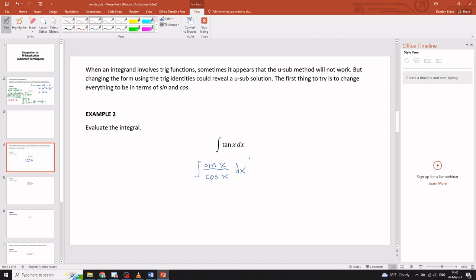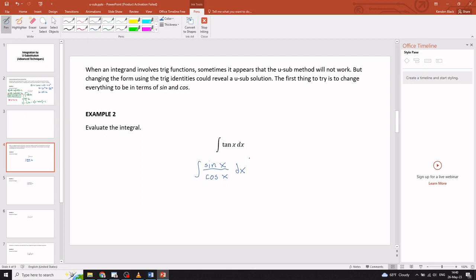Now, if we make our u sine x, the derivative is cosine x, and du would be cosine x dx, which seems to line up, except that it doesn't. Because cosine x dx, the cosine is in the numerator, and our cosine is in the denominator. So it doesn't really work.